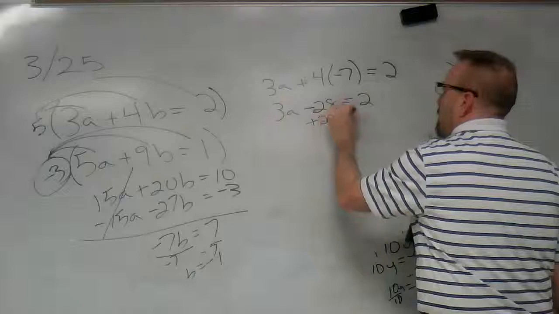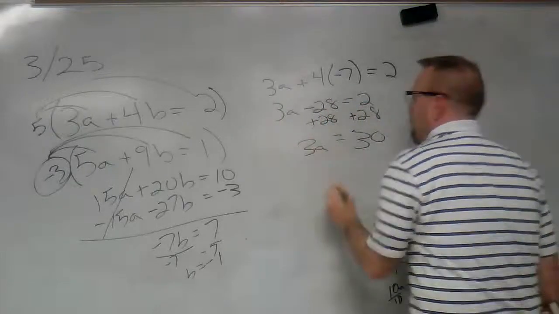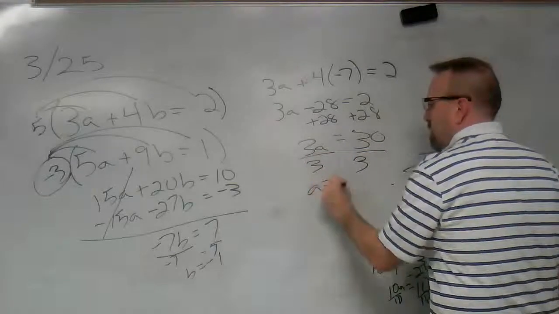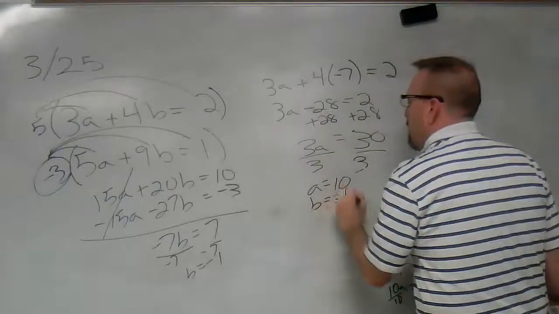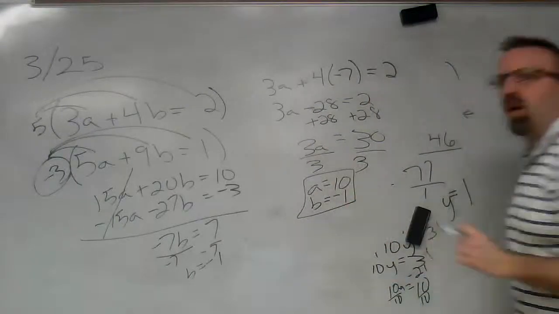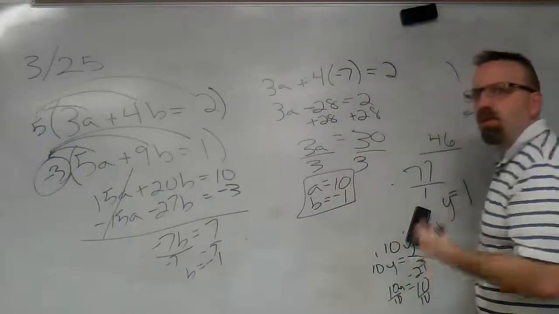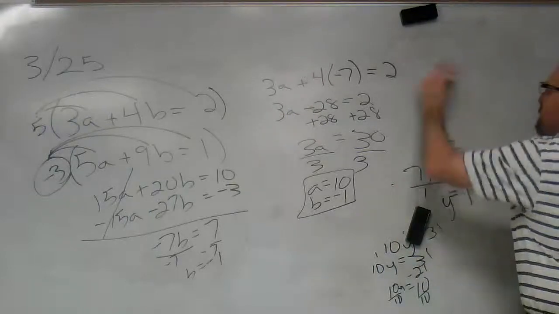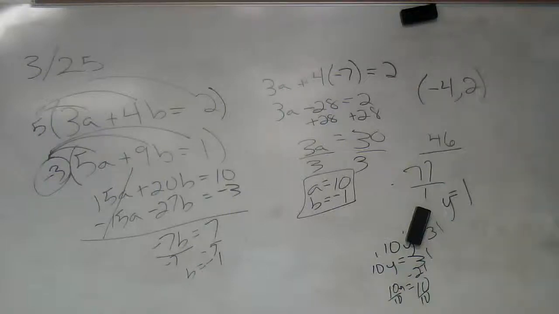Add 4. 3a equals 6. Divide by 3. a equals 2. Since it's not x, y, you don't have to write it as an ordered pair, but make sure you put both of them together, circle it, put a square around it. If it's x and y, generally it's most accepted to write it as the ordered pair.